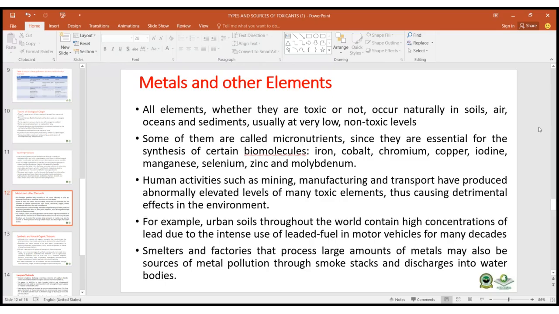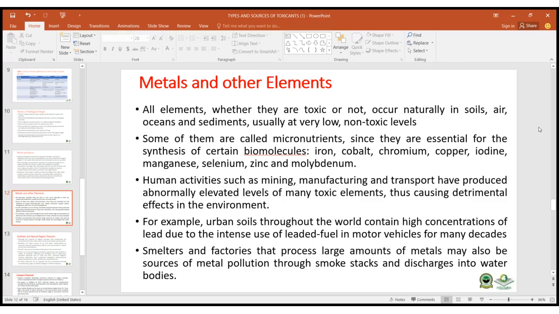However, human activities like mining, manufacturing, and transport have also produced elevated levels of many toxic elements, thereby causing detrimental effects in the environment. So you see, many of these metals are a product of anthropogenic activities.